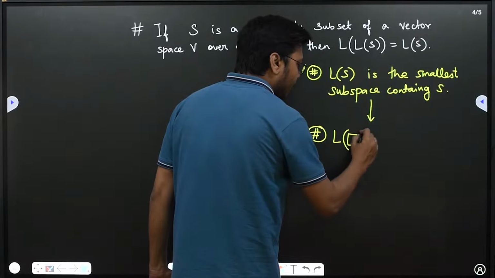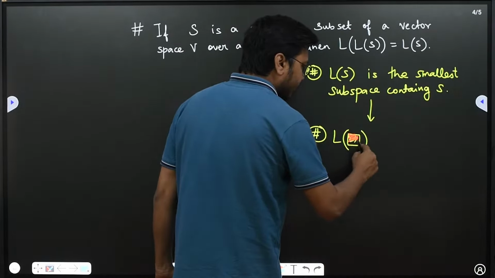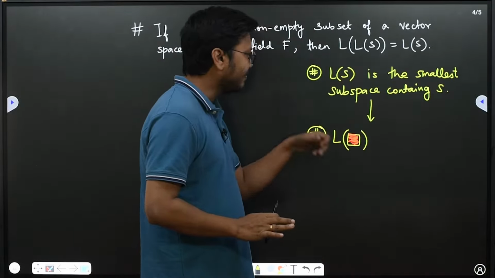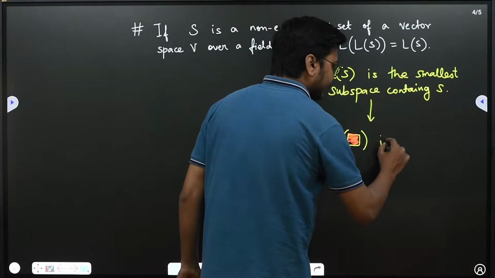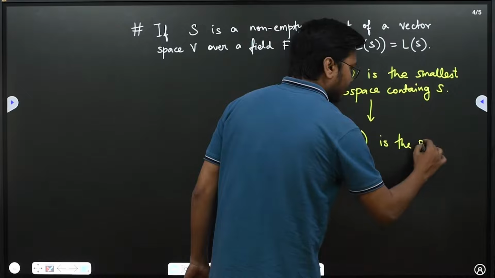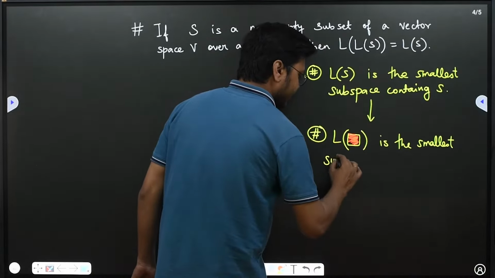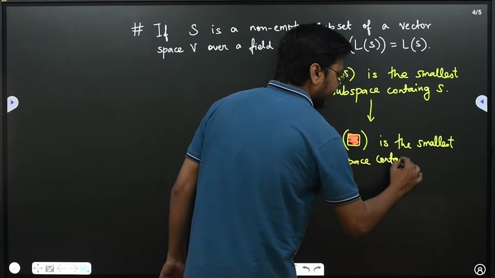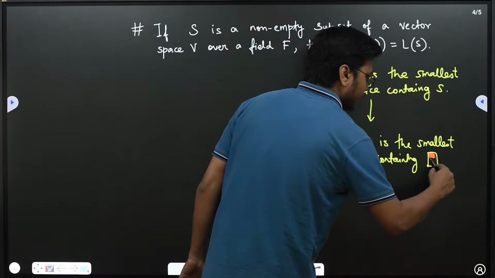L of box. Imagine box is anything that you want. It can be S, it can be any other thing, doesn't matter. L of box is the smallest subspace containing the box, right?